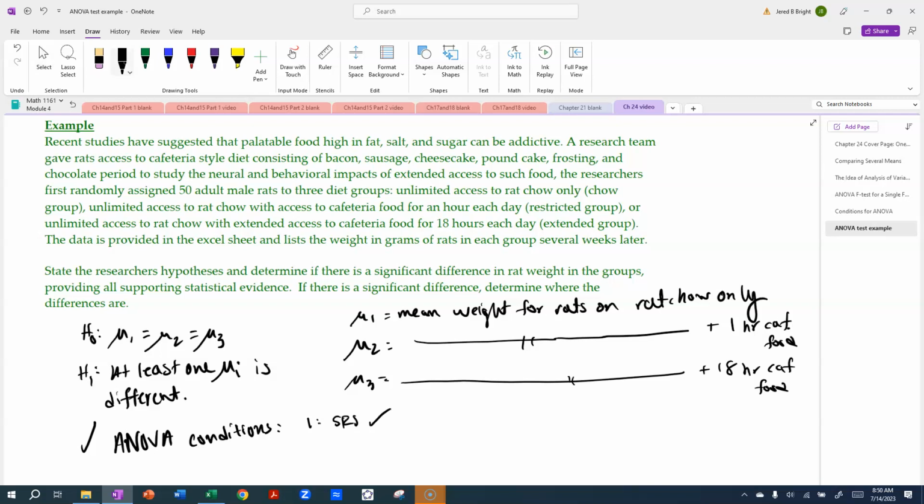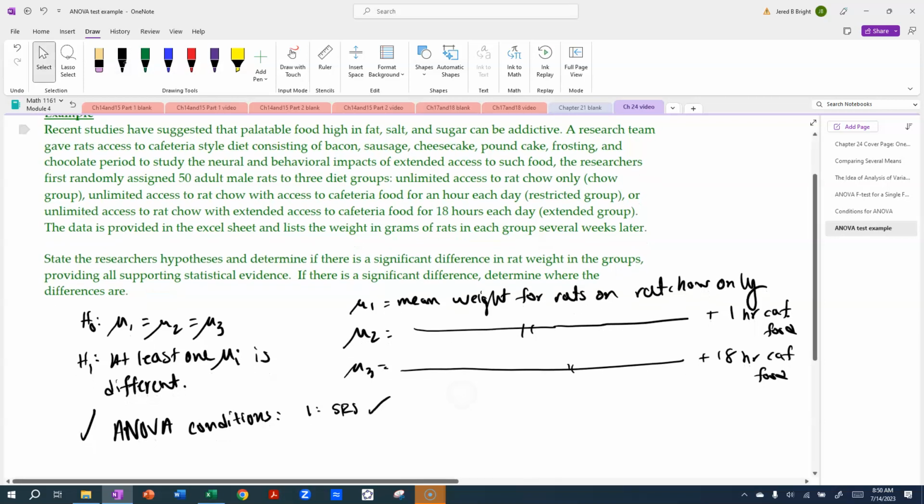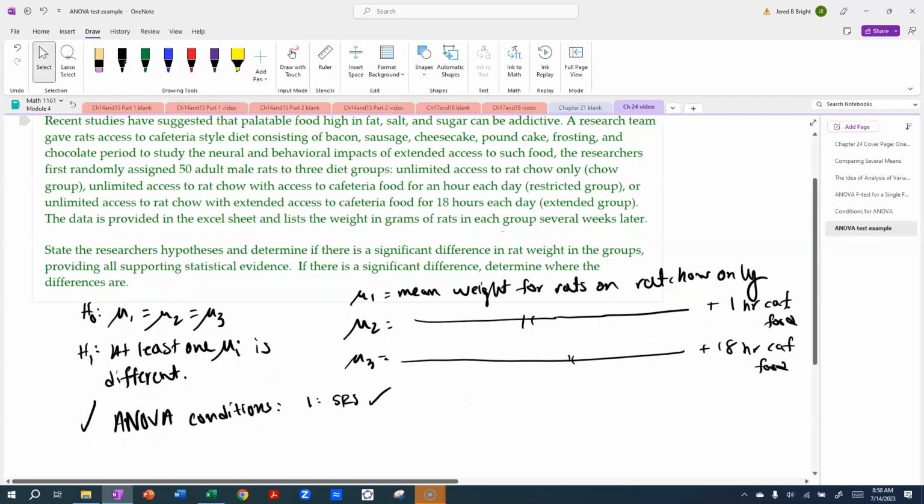It's a little squishy there. Each of the 3 groups, are those SRSs of the larger male population? Well, yeah, because they were randomly assigned. The question is, were the 50 randomly selected in the first place? That we don't know, but we're going to take them at their word because this came from the textbook.